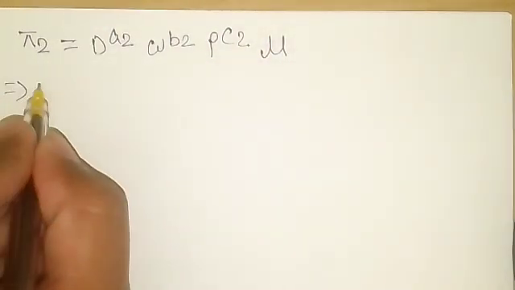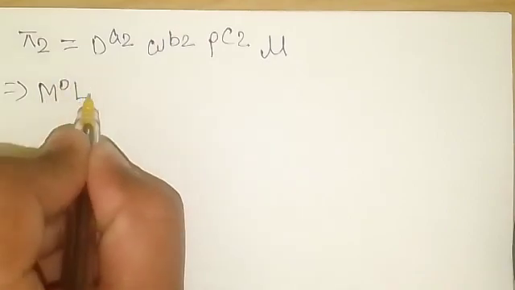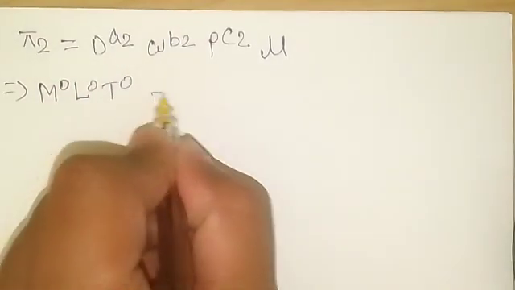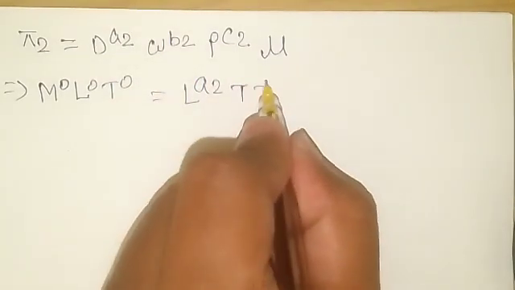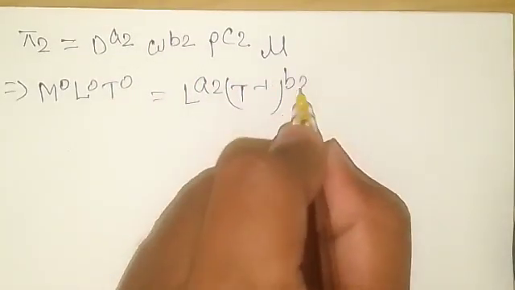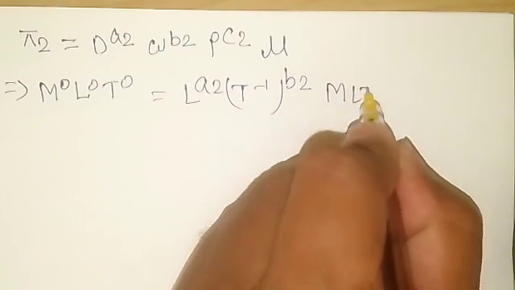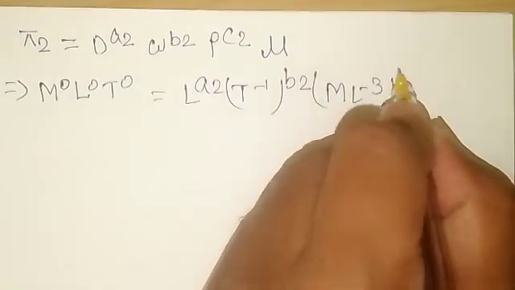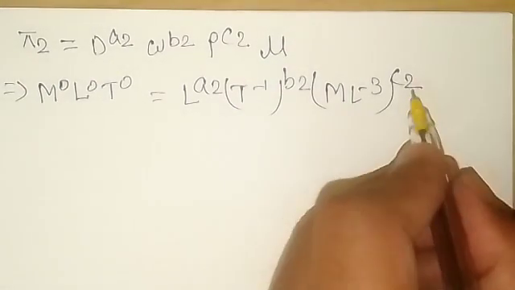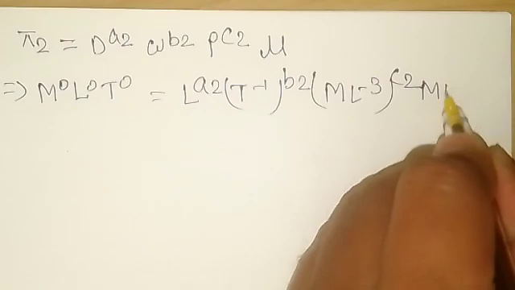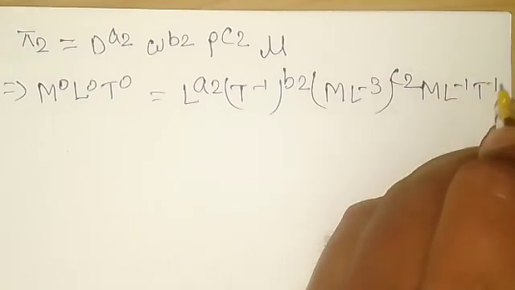Pi is a constant, so M power 0, L power 0, T power 0 is equal to L power a2, T minus 1 power of b2, and this is M L minus 3 power of c2. And this mu is nothing but M L minus 1 T minus 1.